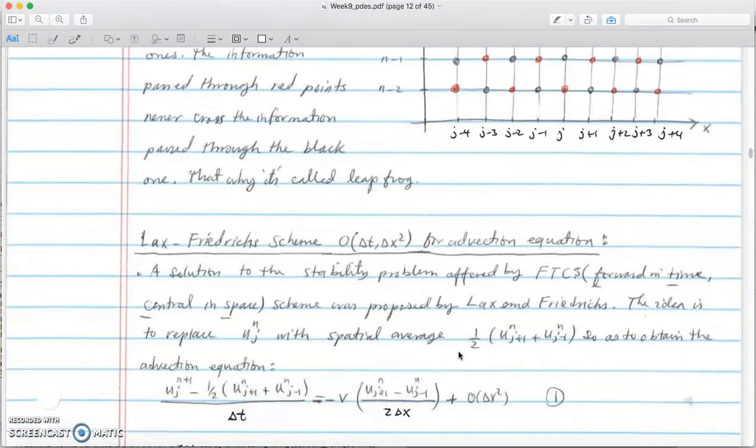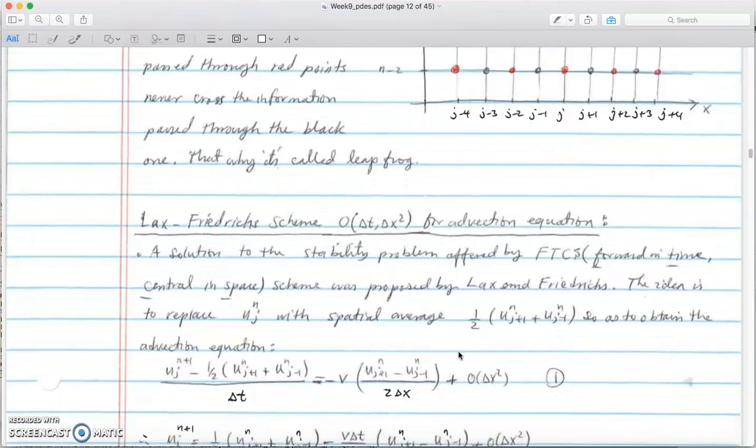They went back to the original forward Euler in time and central difference in space. And they proposed that in forward in time, we can replace the u at n and j with the average of u at j plus 1 and j minus 1.